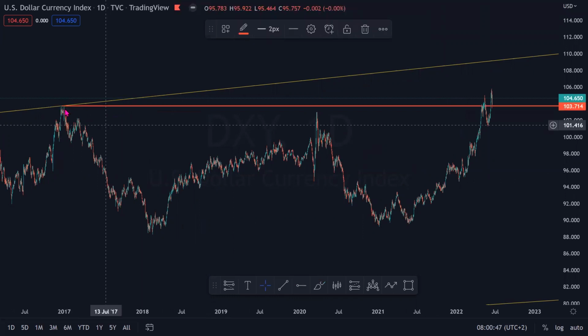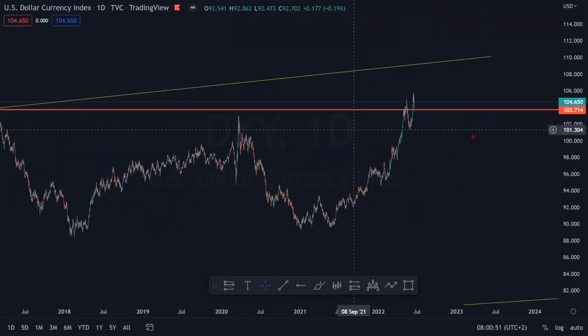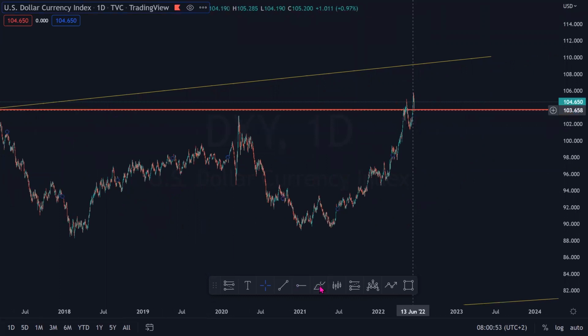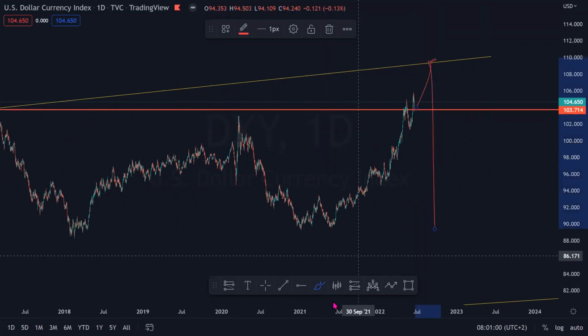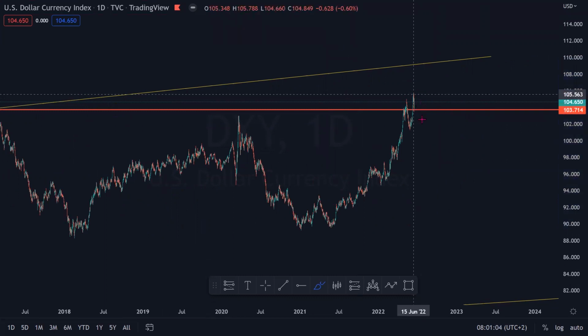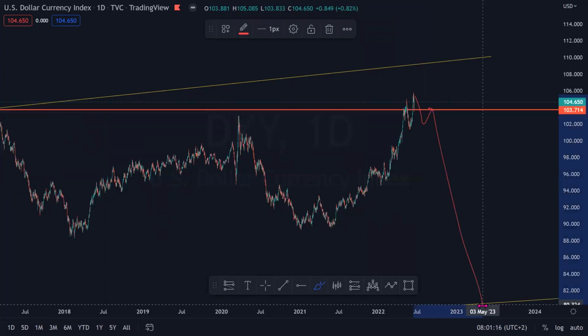We were having another high here. If it happens that the market fails to go and touch our trend line before going up, we might reject here, come and test our high, and go down.